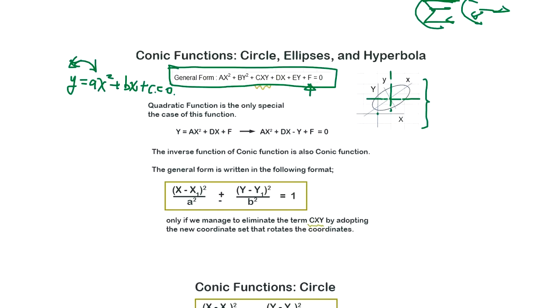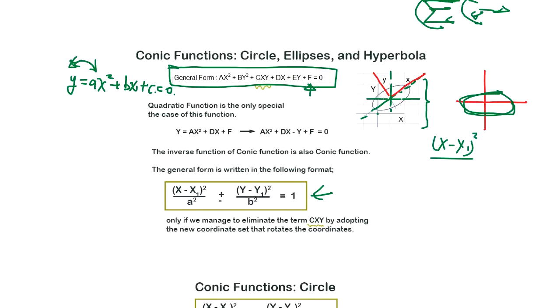Now we have to set a tilted coordinate. Here you go, the tilted coordinate. Then on the tilted coordinate the ellipse looks symmetric like this. Then you get this kind of ellipse formula.